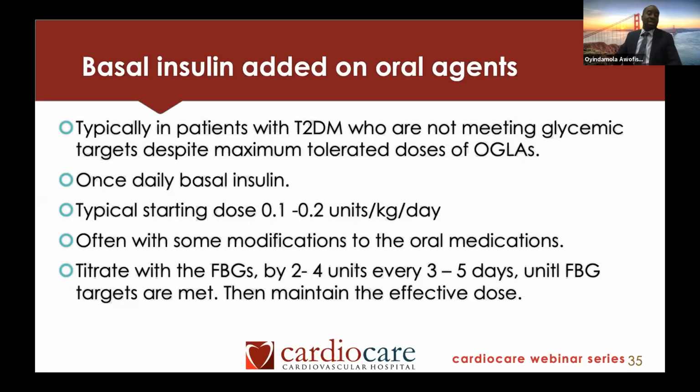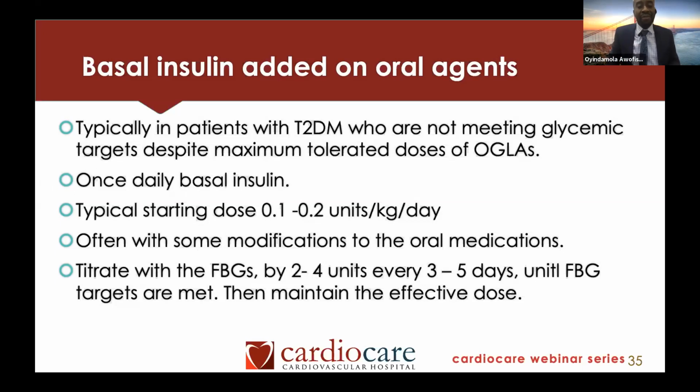So it should be titrated every 3 to 5 days by increasing the insulin based on the fasting blood glucose until the fasting blood glucose targets are met. Then we should maintain the effective dose. So we should remember to titrate. And of course, usually when someone is started on a basal insulin as an add-on to oral agents, there is often some modification to the oral medication depending on what the person was on before and the doses, okay?